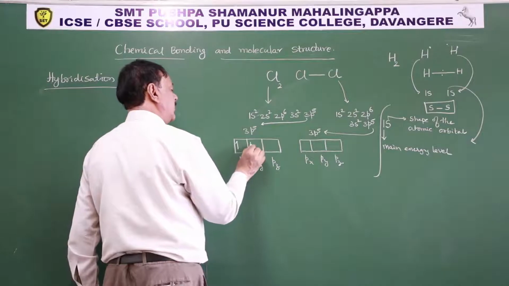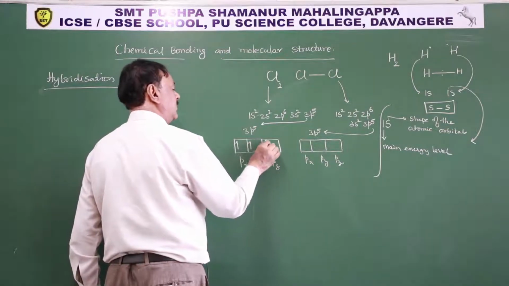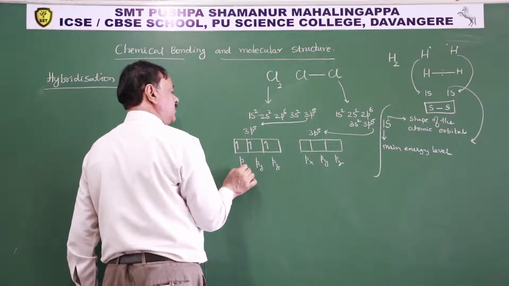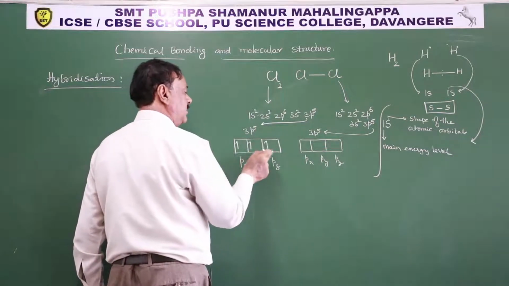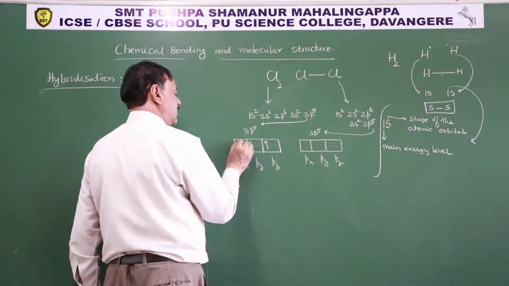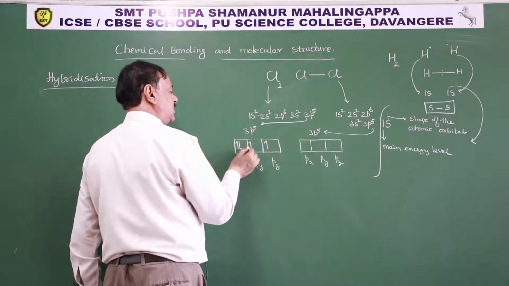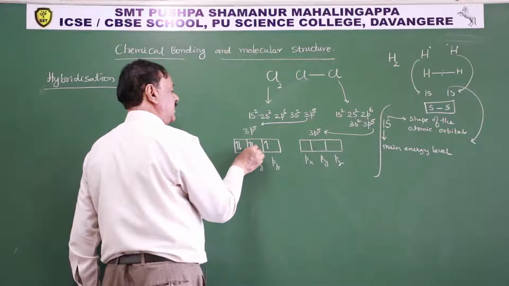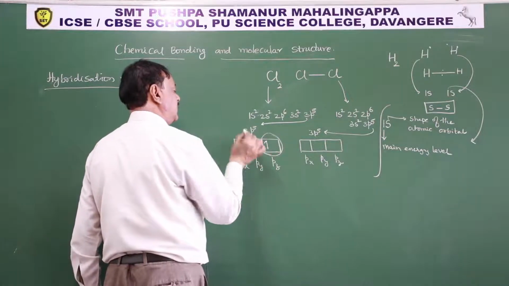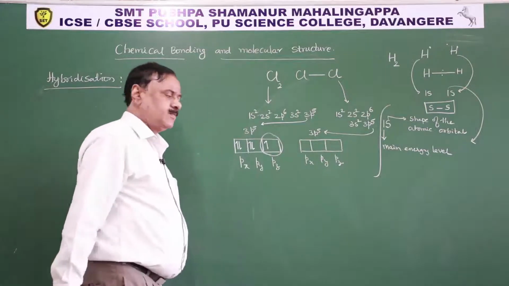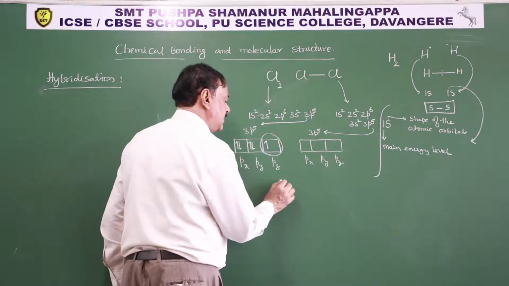According to Hund's law, first px gets 1 electron, py 1 electron, pz 1 electron. Next, the 4th electron and the 5th electron will occupy. Now this pz atomic orbital is involved in the chemical bond formation. That is called the 3pz atomic orbital.